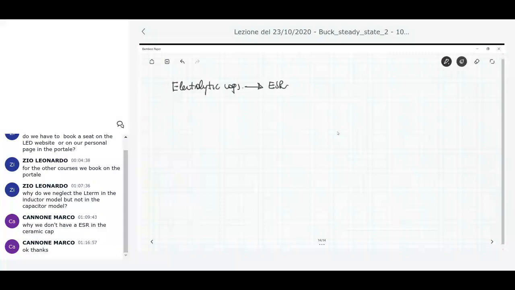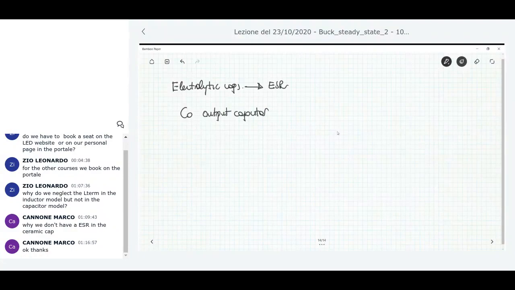So let's start with the output capacitor, C0. Remember, the waveform of the output capacitor current is the same as the inductor current, which is our triangular-shaped waveform, minus the average value, because the output capacitor, and capacitors in general, have no DC current flowing through them in steady state.